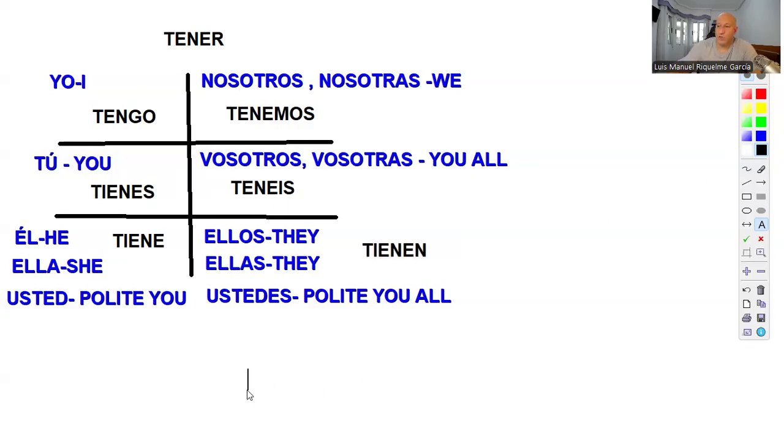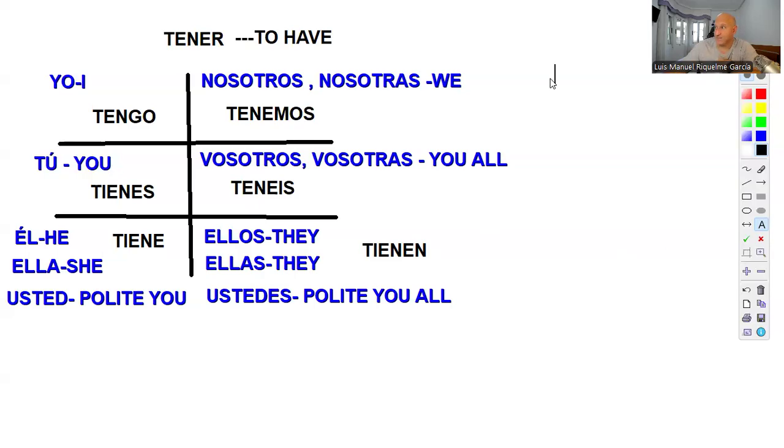So yo tengo, tú tienes, él tiene, ella tiene, usted tiene, nosotros o nosotras tenemos, vosotros o vosotras tenéis, and ellos o ellas o ustedes tienen. Okay, this is how we conjugate the verb tener, which means to have.